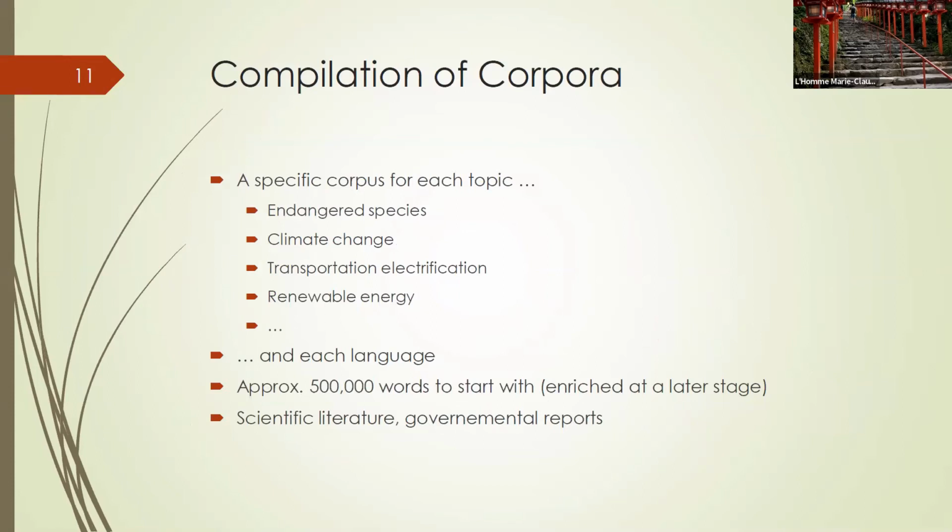So we have a Chinese corpus on climate change, a Spanish corpus on climate change, and so on. We start with about 500,000 words, and then we can enrich the corpora at a later stage. We try to focus on scientific literature, governmental reports, things that are written by experts.